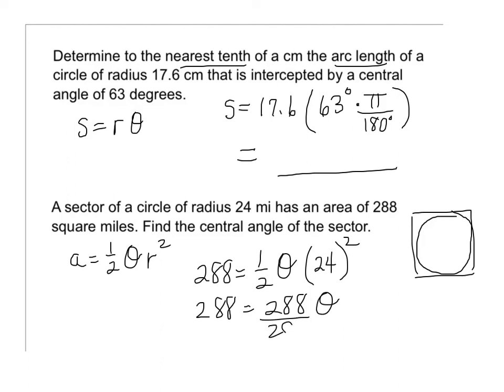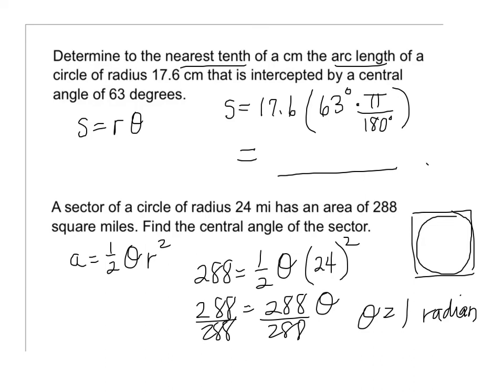So when you divide both sides by 288, theta is equal to 1, and that would be 1 radian. And 1 radian is approximately how many degrees, do you think? See if you can figure that out.